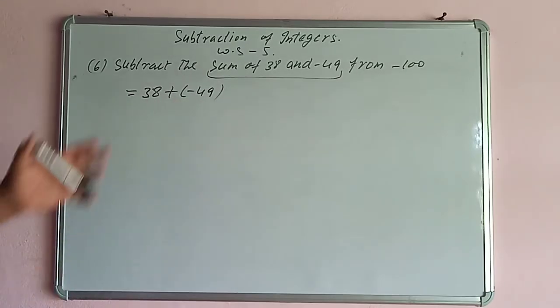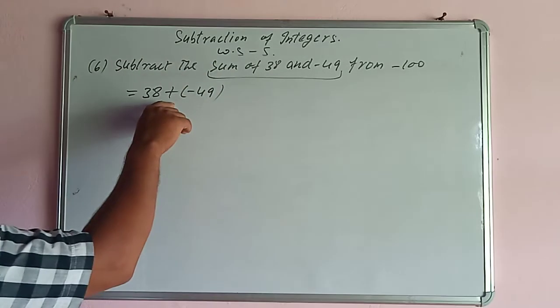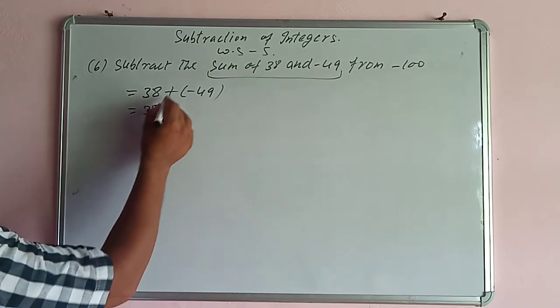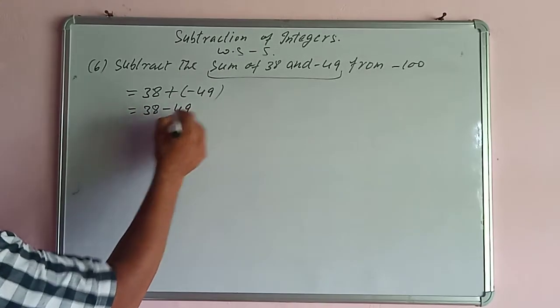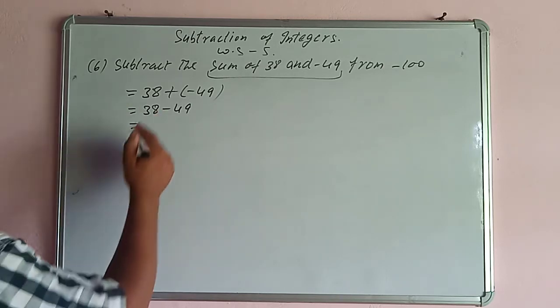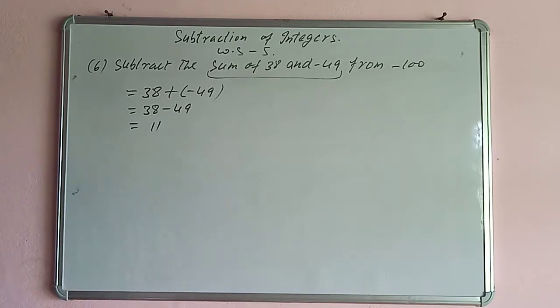So here we have used the symbol plus because in the question it is sum. So we are going to find the sum. So it is 38 plus into minus 49. Now both the integers have opposite sign. So we will subtract them, and when we subtract them, it is 11.